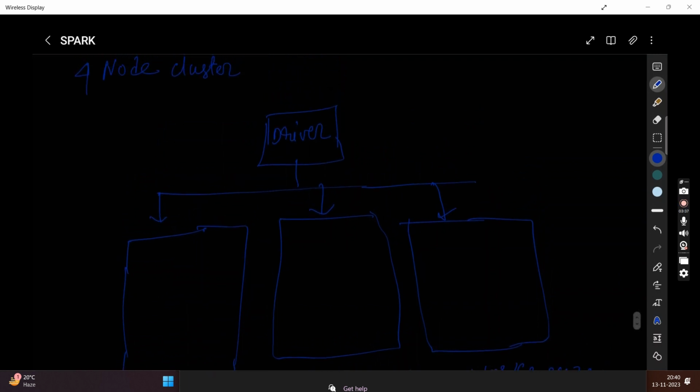Let's think we have a 3 node cluster, not 4 node. I don't have space here, so 3 node cluster.